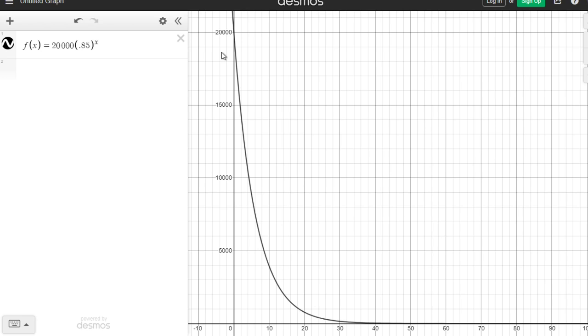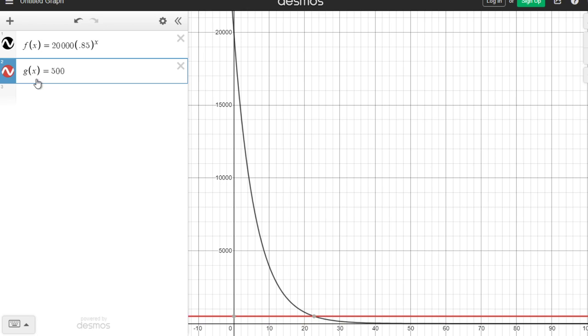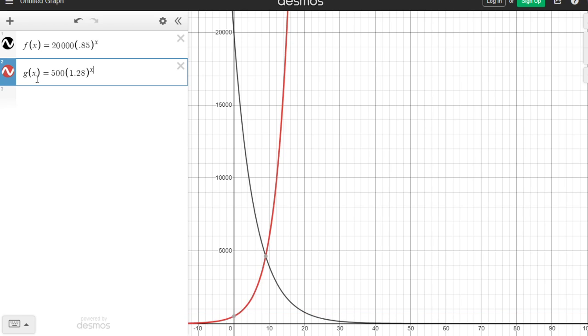Okay, so here we are with his depreciation. So now let's bring in his maintenance. I'm going to call it g of x instead of f of x, so I don't confuse this thing. And so you could see where things start to kind of crisscross, right?